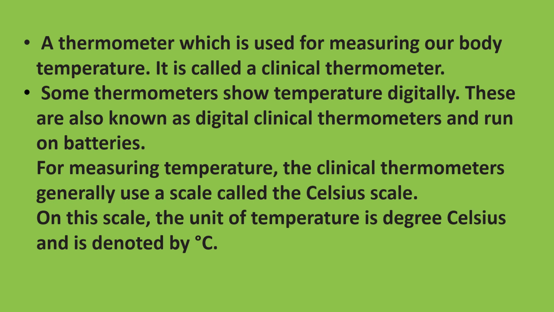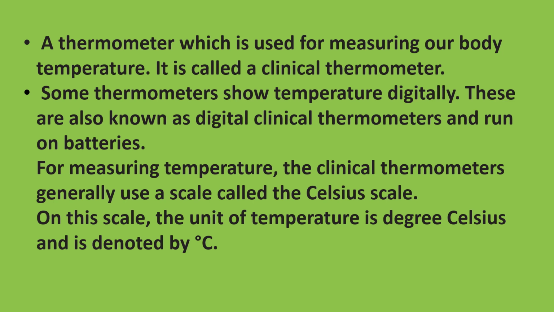So some thermometers you see at your home show temperature digitally, means they show it in numbers, right? So they are called digital clinical thermometer and they run on batteries, means we use cells to use these kinds of thermometer.